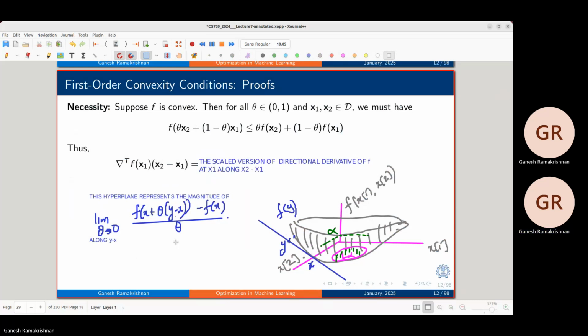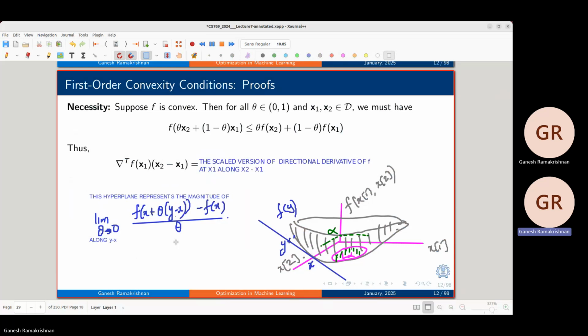Now I want to rewrite this a little differently: x1 plus theta times x2 minus x1. Can I write that as a convex combination? Let's expand x1 minus theta x1. That is x1 times 1 minus theta, plus theta x2, minus f of x1, the whole thing divided by theta.